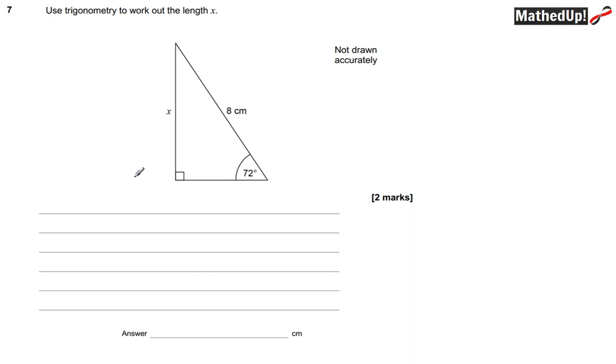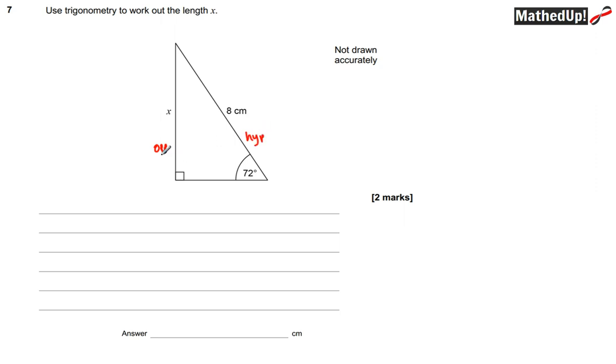Question 7. We're going to use trigonometry to work out the length of x. So to start this question, I've got a right angle triangle, so I know that I can use my sine, cosine or tangent ratio. I'm going to decide which of those I'm going to use. So over here I've got my opposite side, and over here I've got my hypotenuse side because it's the longer side.